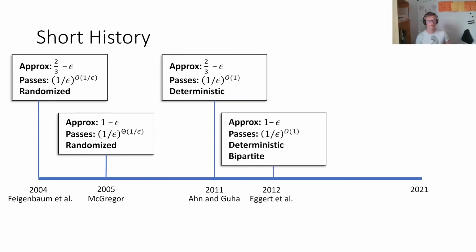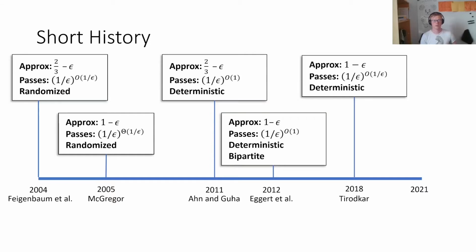Then, a tiny bit later, we obtained an arbitrarily good approximation in a polynomial number of passes, but here the last caveat is that this algorithm is for bipartite graphs. Then, some time later, a deterministic algorithm for arbitrary graphs was found, but here again the number of passes was exponential.